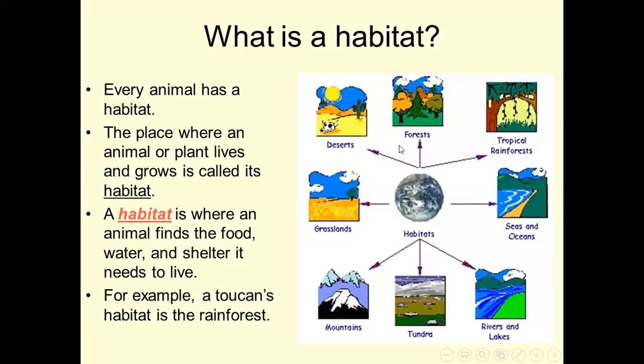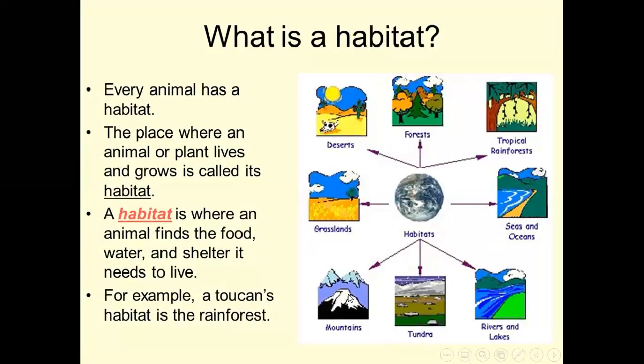As you notice in the following figure or illustration, we have different habitats. Each animal or plant has its own habitat. For example, the desert is the habitat of the camel. The forest or the jungle is the habitat of the lion, the tiger, the cheetah. The sea or the ocean or the water in general is the habitat of the fish, of the whale, of the shark.